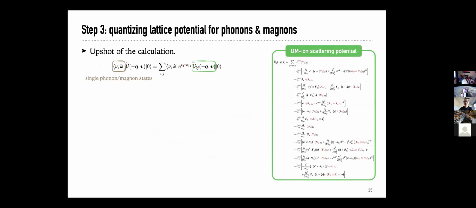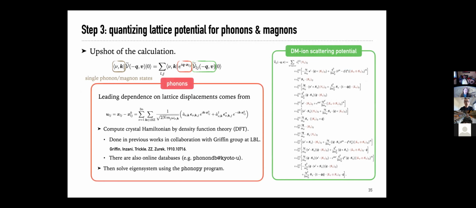So the upshot of the calculation is the following. We start with the dark matter ion scattering potential that we derived in the previous step and insert it between the ground state, which we assume is the vacuum state with no excitations, and a one particle state, a single phonon or a single magnon. Later we'll sum over all these final states, but for now we're just looking at one of them.